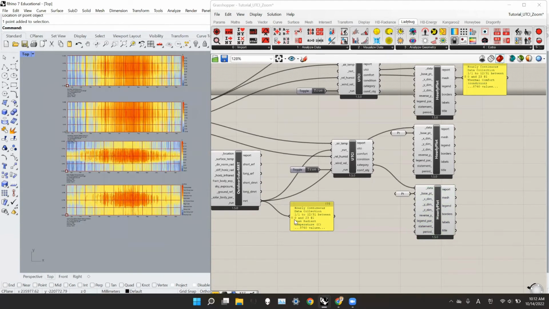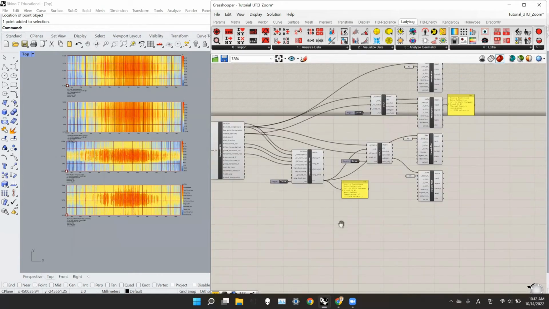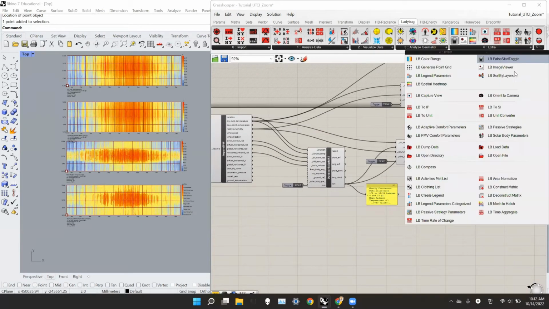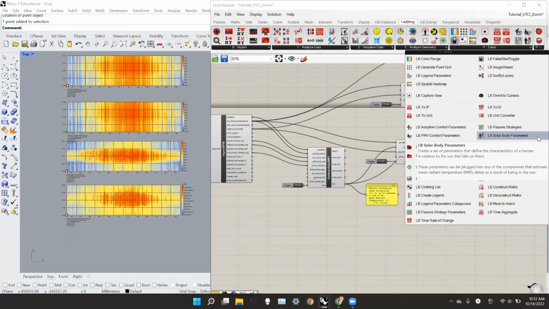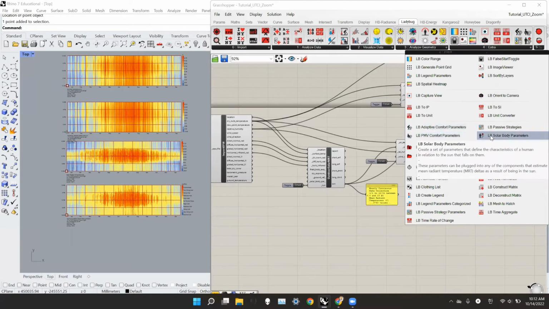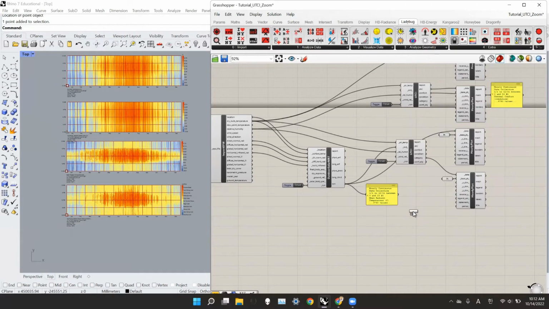But then we need to consider the shading that we design, and we also need to bring people's behavior into this model. So let's start to bring the solar body parameter. Okay, so here we have different parameters about the human for PMV comfort, adaptive comfort, but we're going to use the solar body parameters.